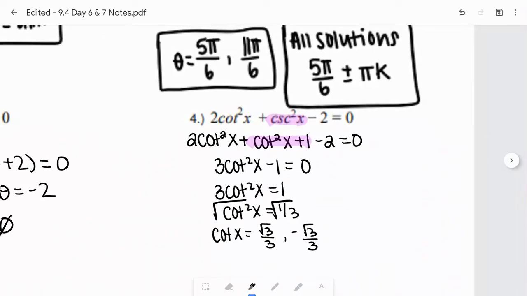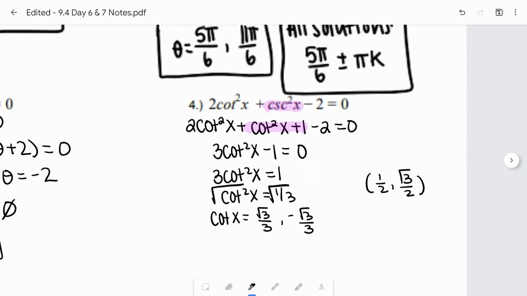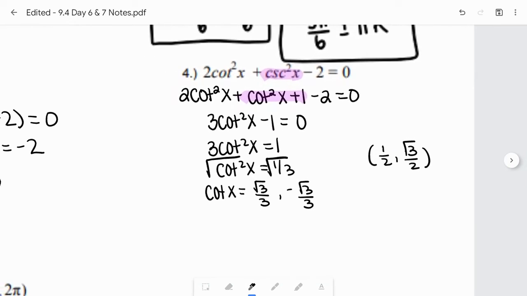So this time with cotangent, this is going to occur when we have the coordinates of 1/2 and root 3 over 2. Okay, so cotangent is going to be positive in quadrants 1 and 3, and it's going to be negative in quadrants 2 and 4.